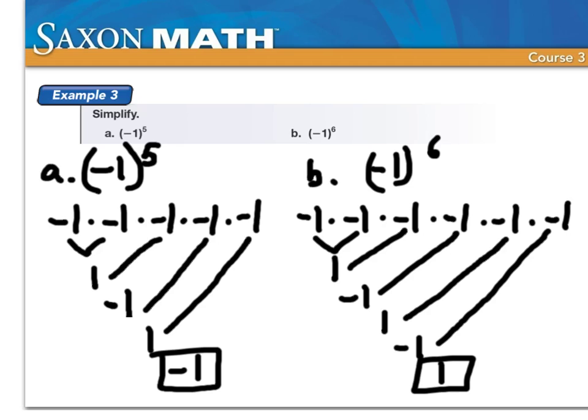The reason for that is because at some point you're going to have a positive times a negative, and that's always a negative. If I take a negative number like negative 1 and raise it to an even number, 2, 4, 6, 8, 10, 12, I'm going to get a positive answer. Because if you work this all the way down like we did, at the end you're going to get negative 1 times negative 1, a negative times a negative, and that's always a positive.